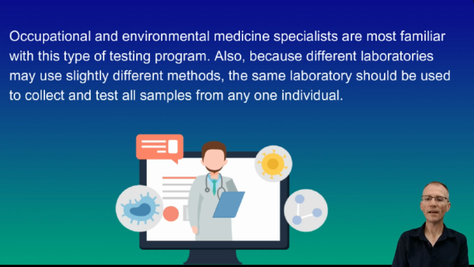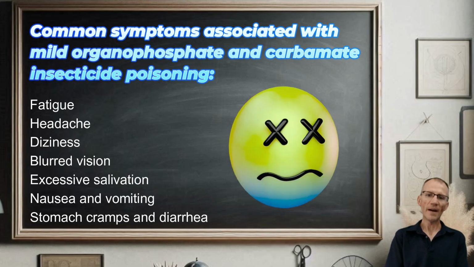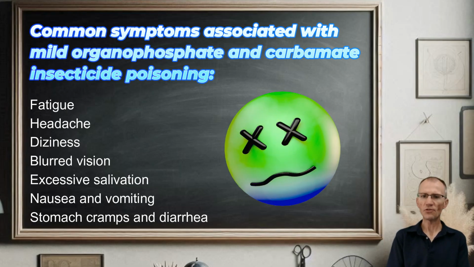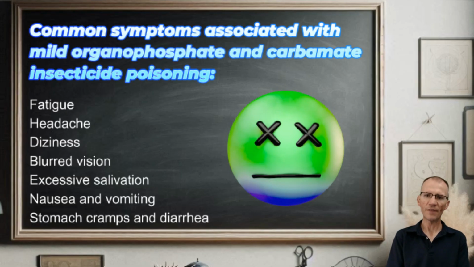So let's talk about some of the common symptoms associated with mild organophosphate and carbamate insecticide poisoning. First, we would have fatigue, headache, dizziness, blurred vision, excessive salivation, nausea and vomiting, stomach cramps, and diarrhea.